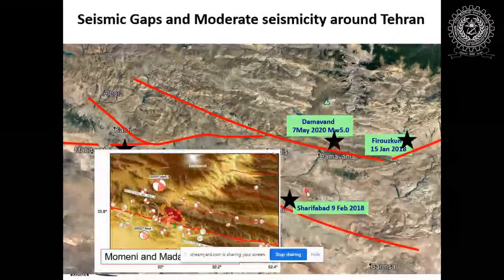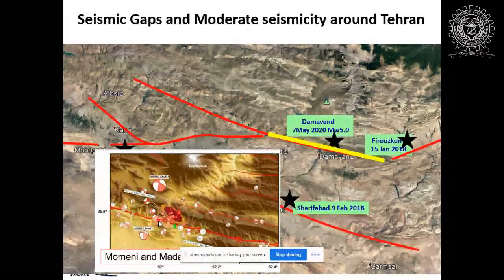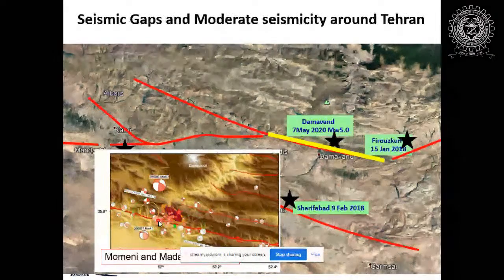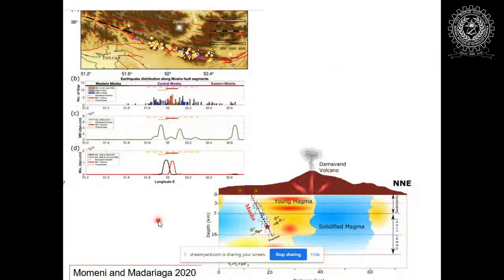Very recently, one of our colleagues, one of our previous students, Mr. Momeni, has worked on the 2020 Damavand earthquake with magnitude 5. He has published an article with Professor Madariaga, and he has explained that this part of the Mosha fault is under the impact of the activities of the Damavand volcano.